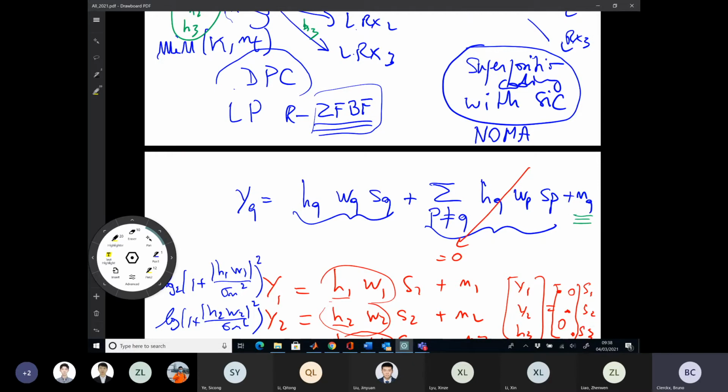What you could do is the following: if you have a WP that is designed based not on HQ but on HQ hat, right? So your WP here would try to be maybe orthogonal to HQ hat, to the estimate of the channels that you have at the transmitter, but it will not be able to be orthogonal to the channel HQ. So you could have HQ hat WP equal to 0.